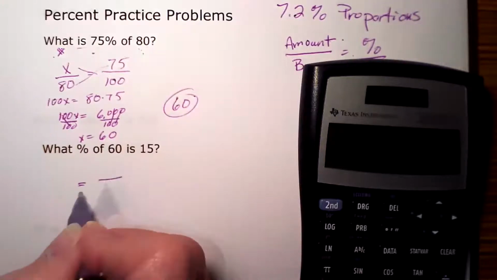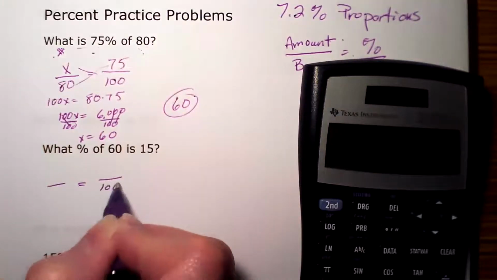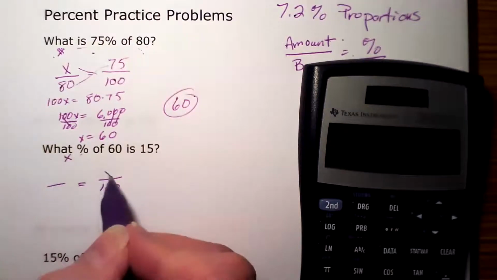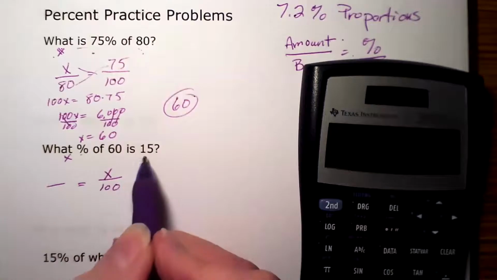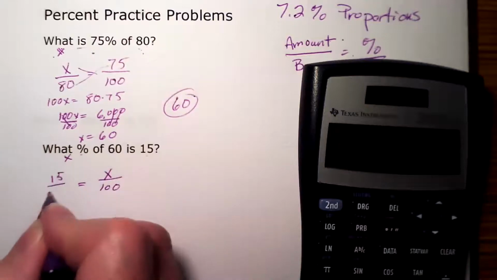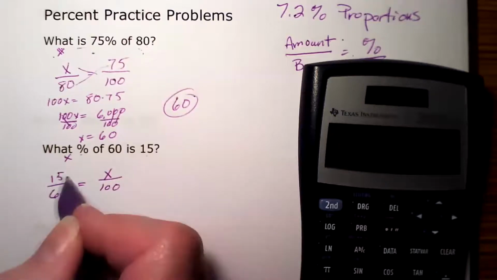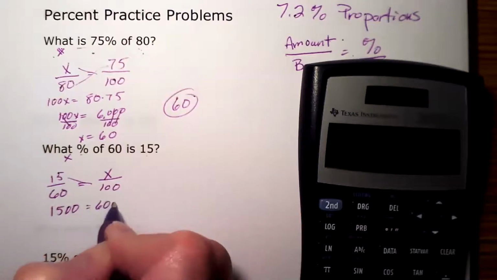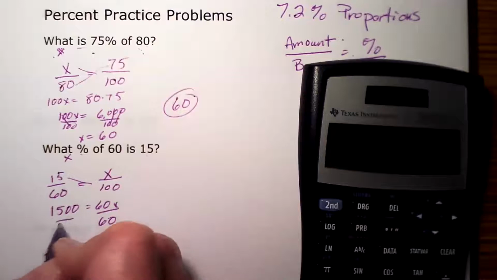Same thing here. I'm always going to get it set up the same way. This time, the percent is the x, so I don't know what the percent is. This is the amount. This is the base because this is part of that. And then I just do 15 times 100 is 1500 equals 60x, divide by 60.